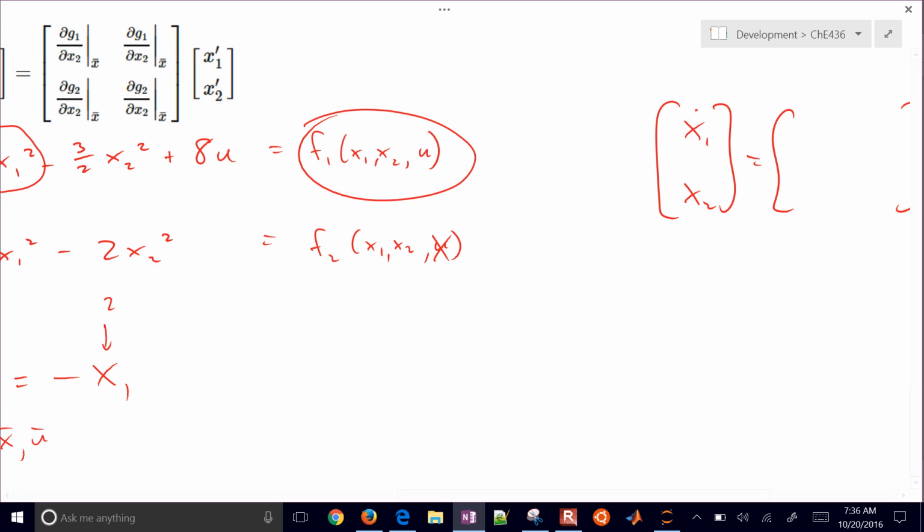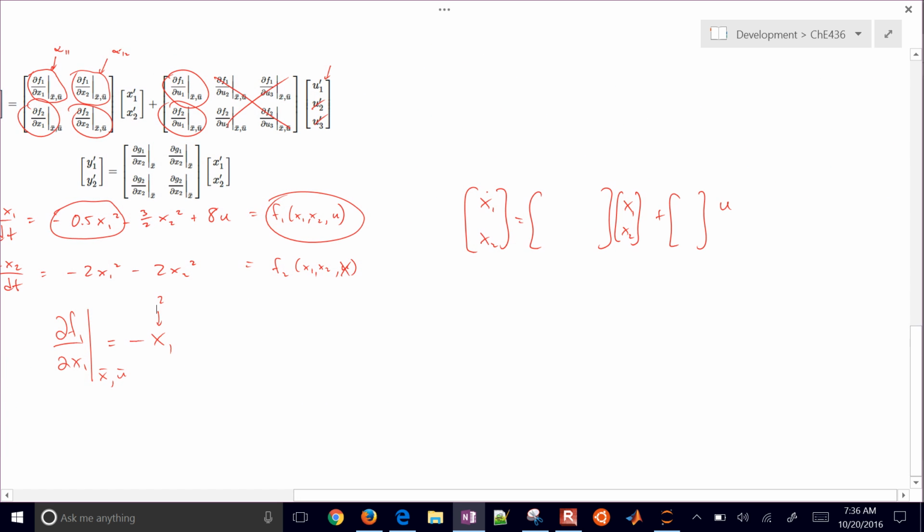This first term is going to be equal to negative 2. And the next one, let's do the partial with respect to x2. That's going to be equal to negative 3x2. We also plug in our nominal condition of 2 there, and that's going to be negative 6.